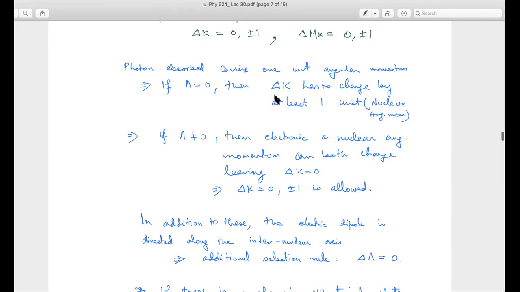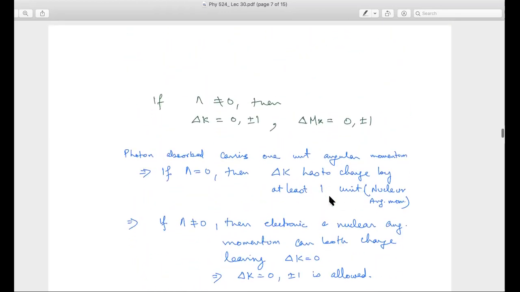But if lambda is not equal to 0, then the electronic angular momentum can change and the nuclear angular momentum can also change such that 1 unit of light's angular momentum is accommodated and I may still have delta K equal to 0. So delta K equal to 0 is allowed and plus minus 1 of course is allowed.